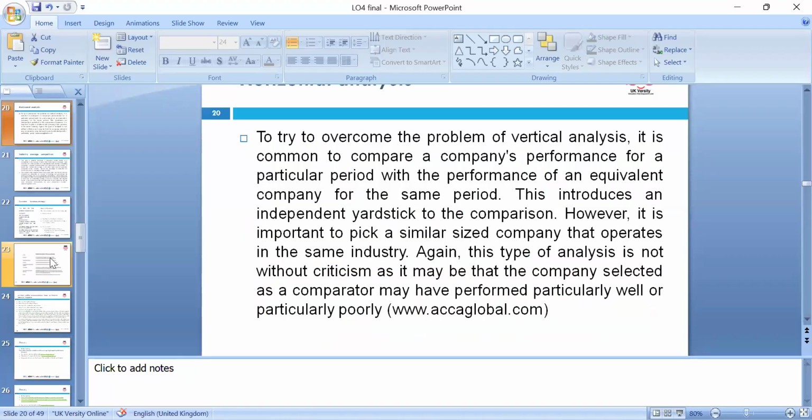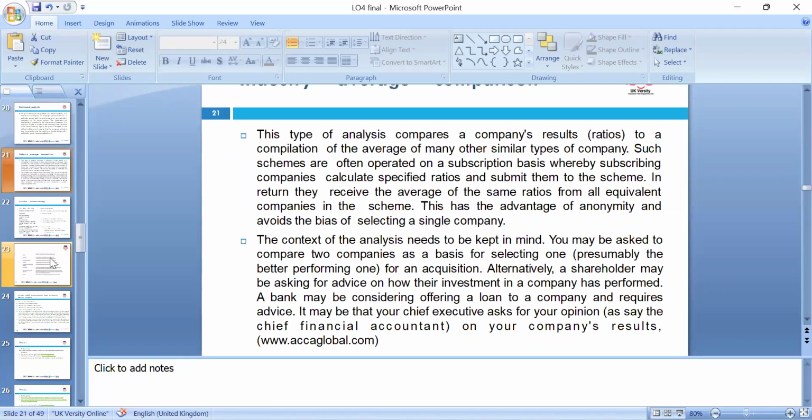The problem of vertical analysis is that it compares company performance for a particular period with the same period, and does not introduce an independent yardstick of comparison. It's similar, so you have to look at the type of analysis.